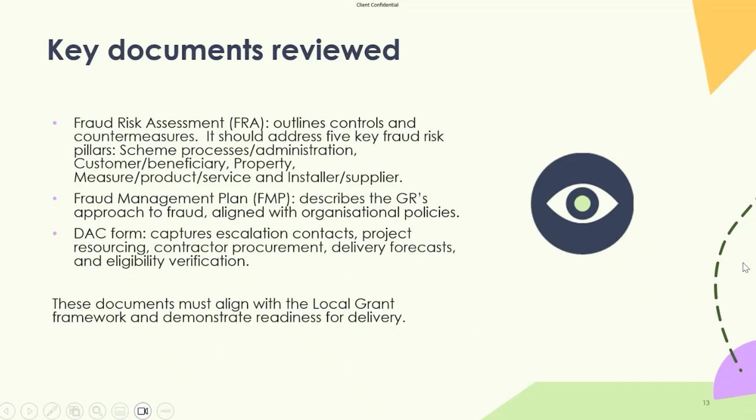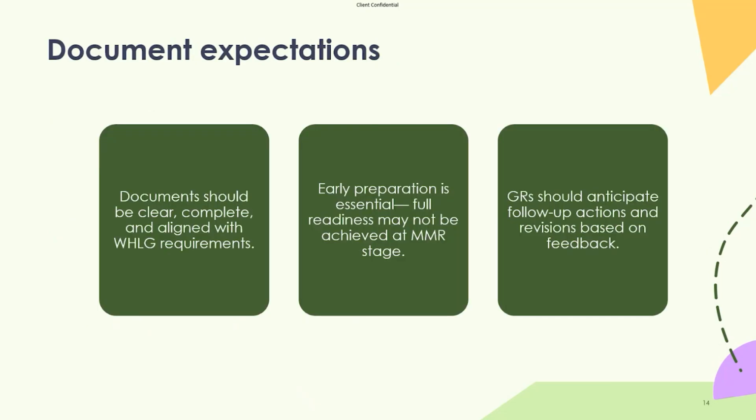The documents must align with the local grant framework and demonstrate readiness for delivery. And this is typically where the documents are verified against the prescribed evaluation formats that the department also uses. In terms of document expectations, we would expect them to be clear, complete, and aligned with the scheme requirements.